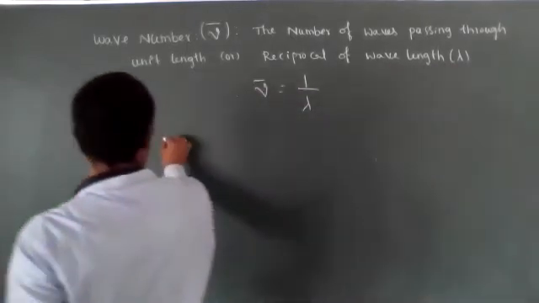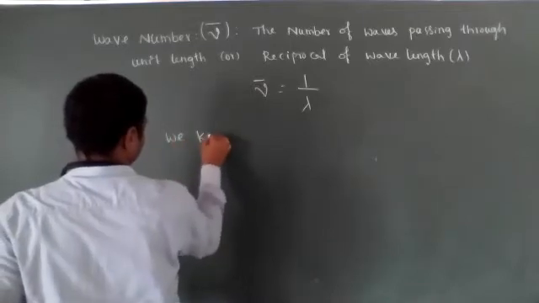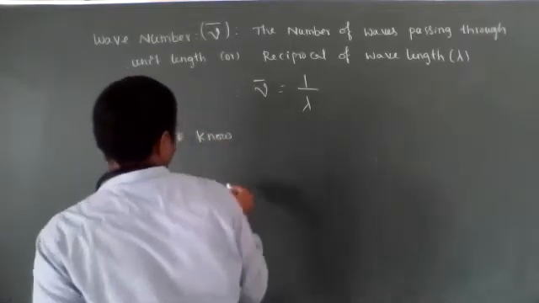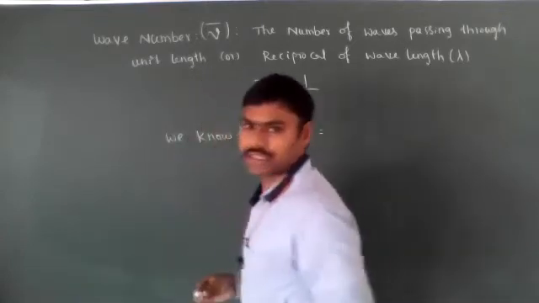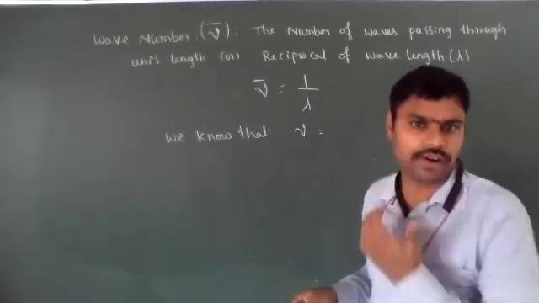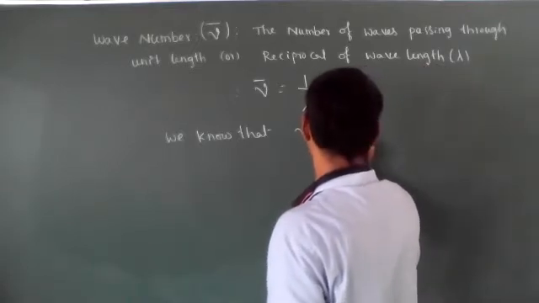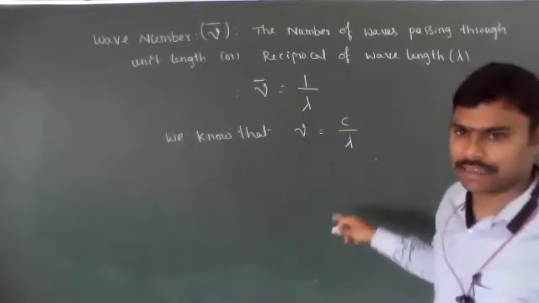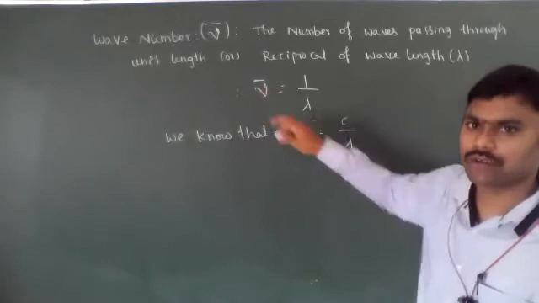Already we know that frequency nu is equal to c by lambda. And c by lambda means c times 1 by lambda, which we can write as nu bar.